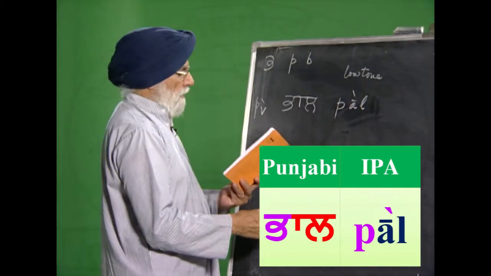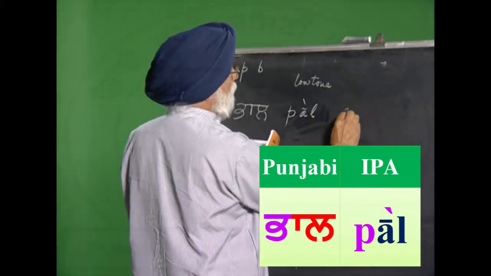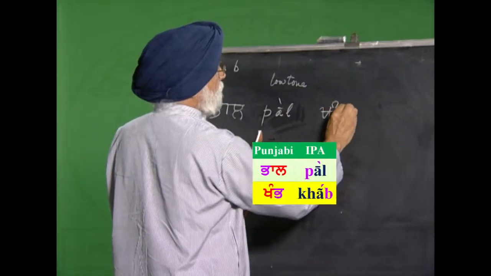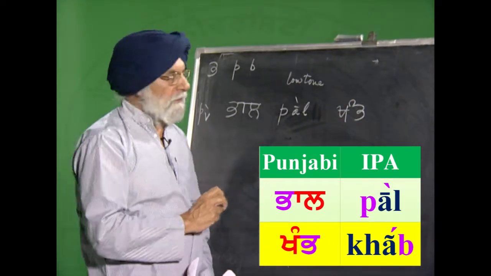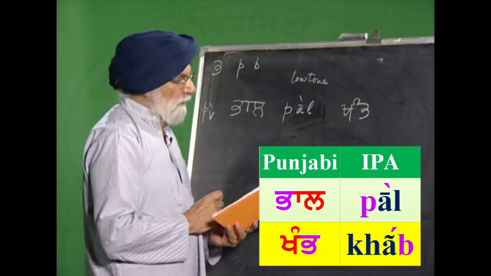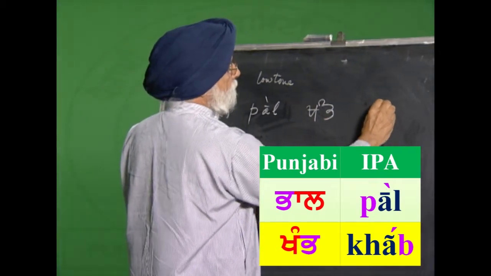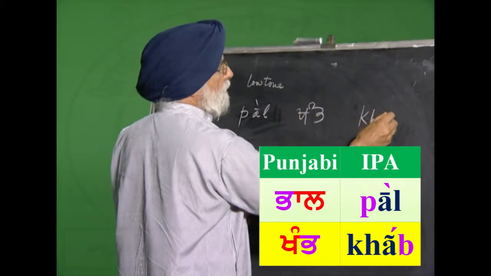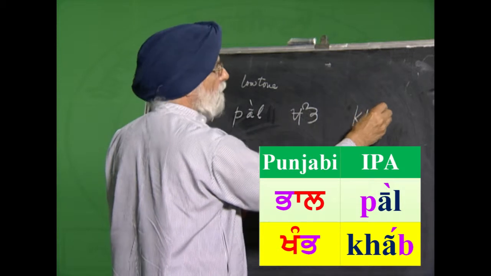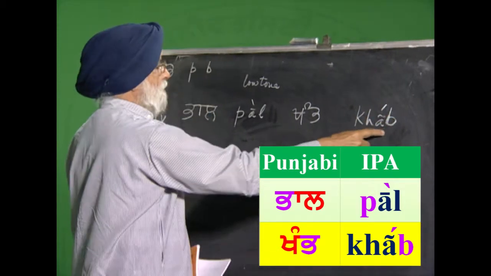If you write another word like this, if it is at the end of the syllable, end of the word, then it is khamb, short vowel of course, nasalization, and there is a high tone followed by a voiced consonant ba.